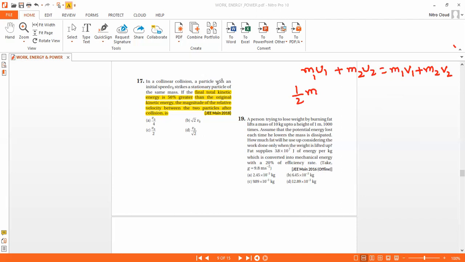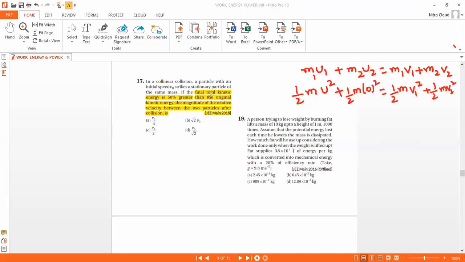A particle with an initial speed strikes a stationary particle of the same mass. Initially it is half m u square. Since it is stationary, 0 square, equal to half m v1 square plus half m v2 square.